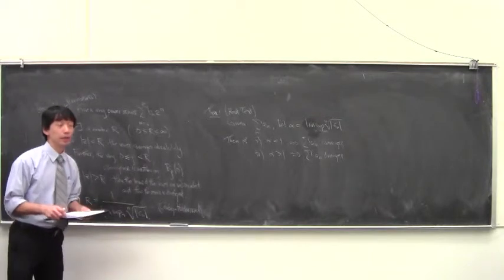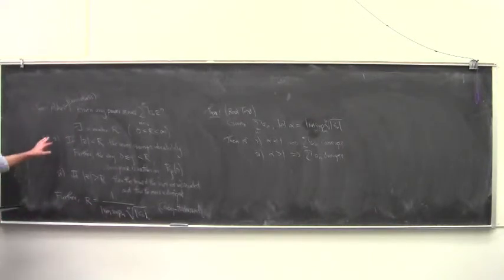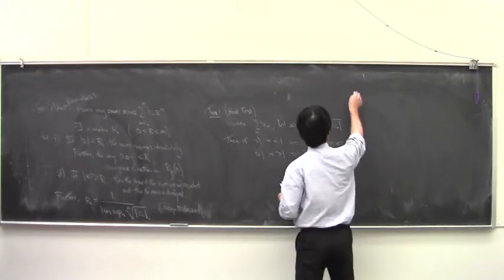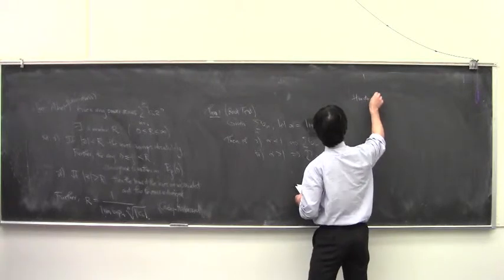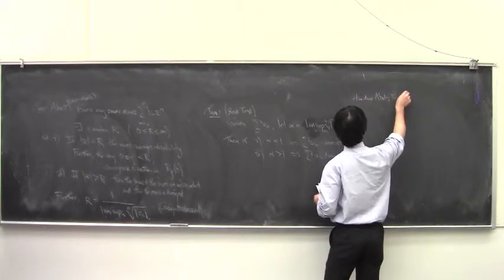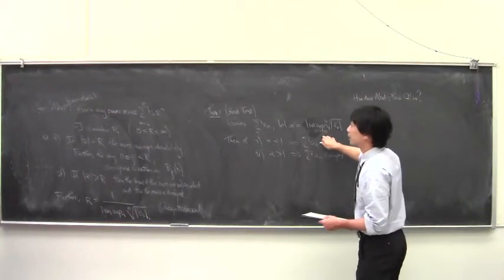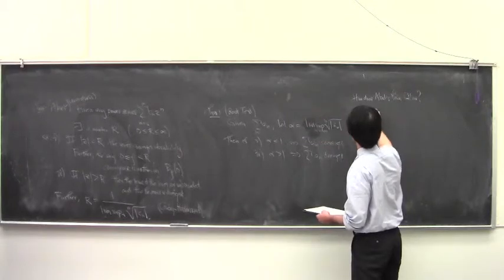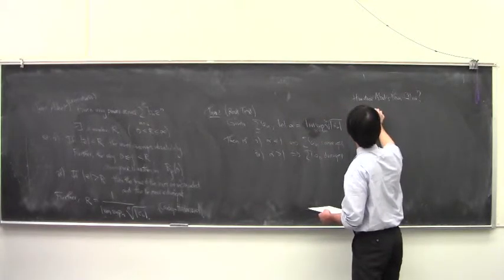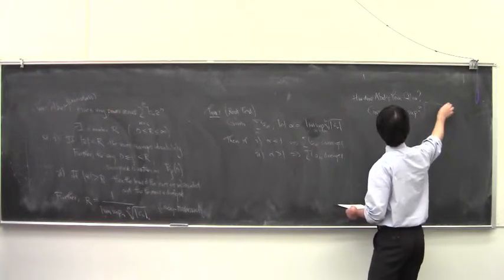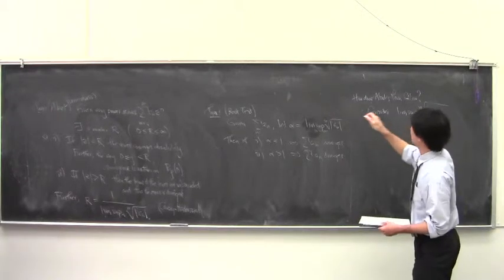Okay. So I said that Abel's theorem is an immediate consequence of the root test, right? So let's just see that. How does Abel's theorem follow? Well, if you take the power series, consider the lim sup of the nth root of the modulus of the nth term of the power series.